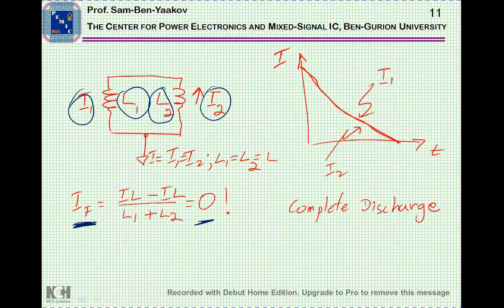Well, it will be dissipated, of course, in some parasitic resistance that is around, or through a spark. If the voltage will be too high, energy will be removed by a spark. Now, why is this happening? Well, the reason is that in this case, the two currents are the same, the time constant is the same, so that the two currents follow the same line.